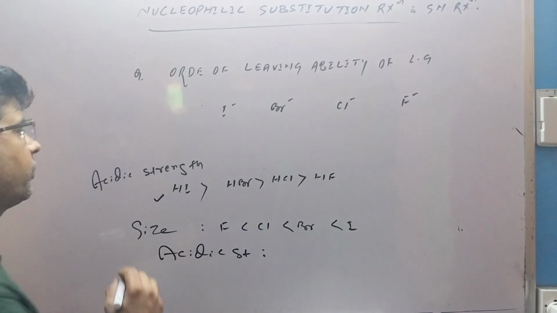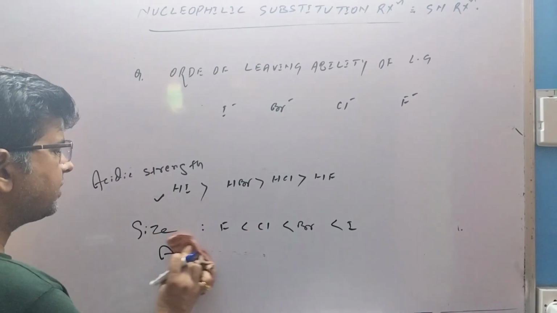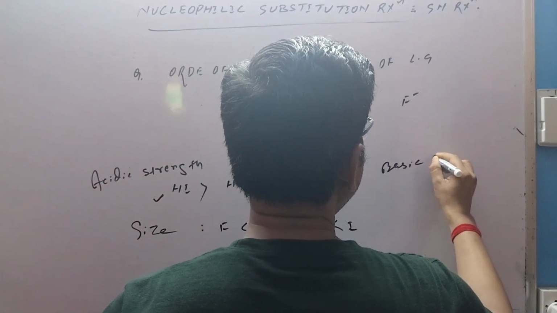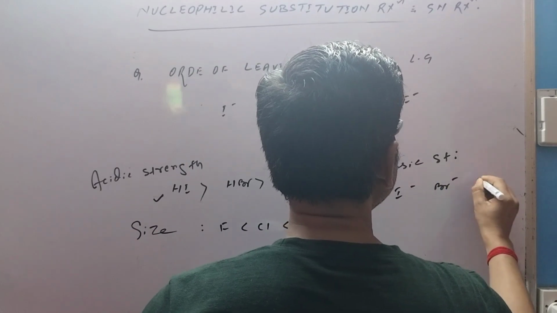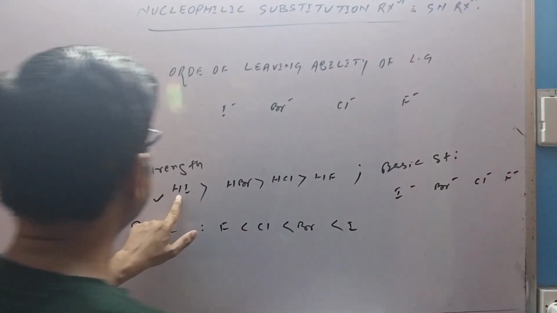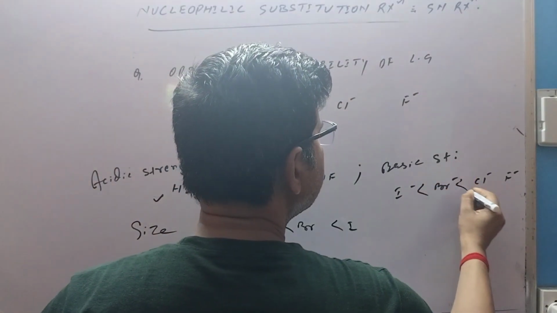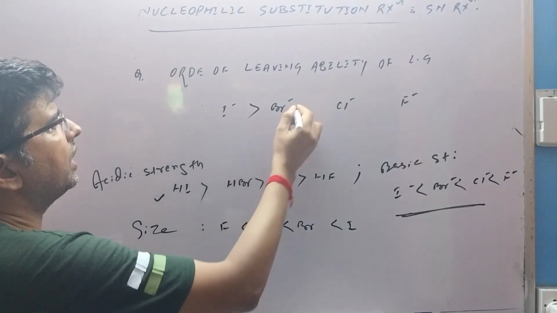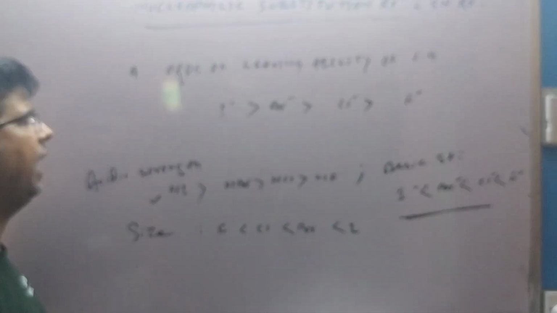And as we know, a strong acid gives a weak conjugate base; anions are conjugate bases, I, Br, Cl, F. As HI is the strongest acid, I minus is the weakest conjugate base. Weak bases are good leaving groups. It means leaving ability of I minus is much greater than that of Br minus, than Cl minus, than F minus.